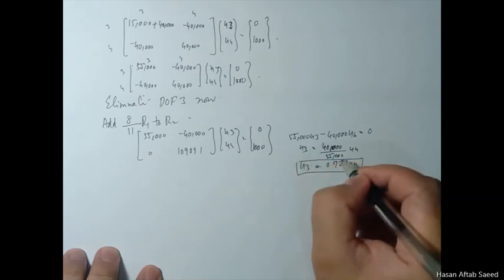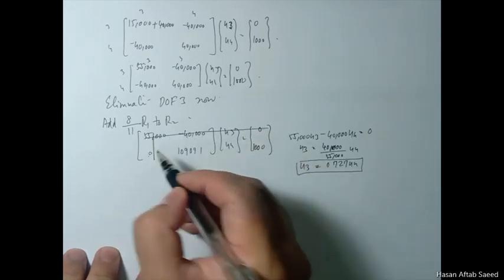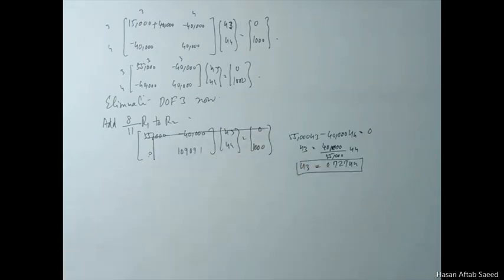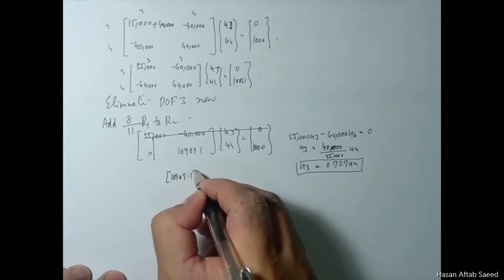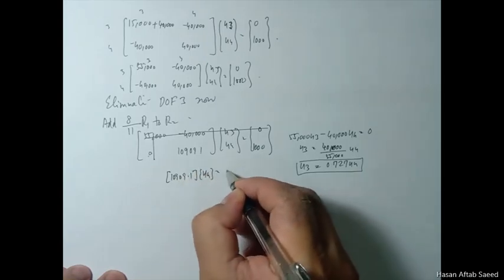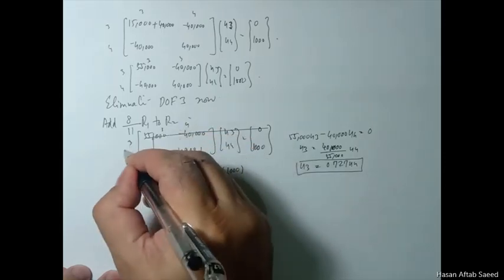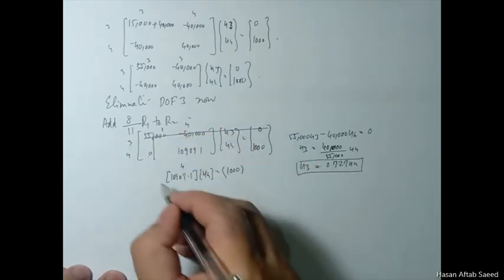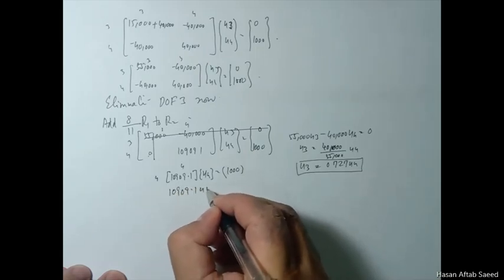Write it down like this. Now this is 0, this has been written, so you can just easily eliminate this. So what remains is 10909.1 u4 is equal to 1000. This is 4, but this is just a number. 10909.1 u4 is equal to 1000.